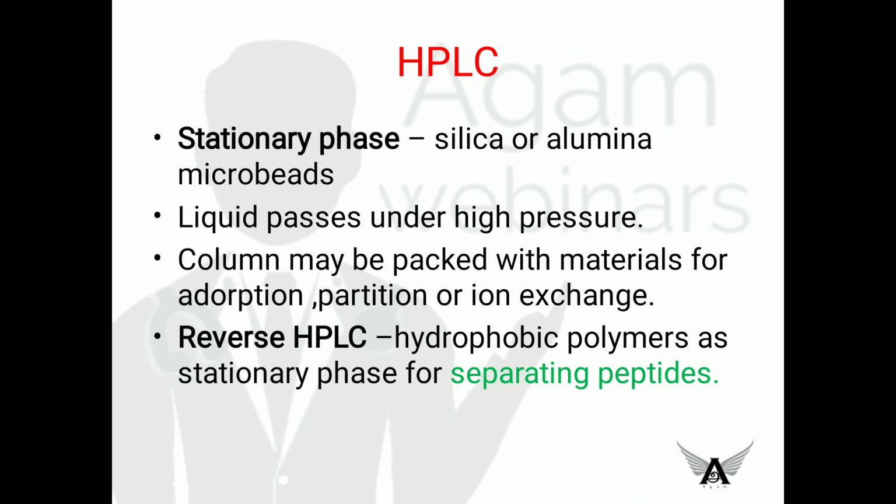Next is HPLC. HPLC is the abbreviation for high performance liquid chromatography or high pressure liquid chromatography. The stationary phase is silica or alumina microbeads. Here the liquid passes under high pressure and the column may be packed with materials for adsorption, partition or ion exchange, and the principle is the same. In reverse phase HPLC, we use hydrophobic polymers as the stationary phase for separating peptides.